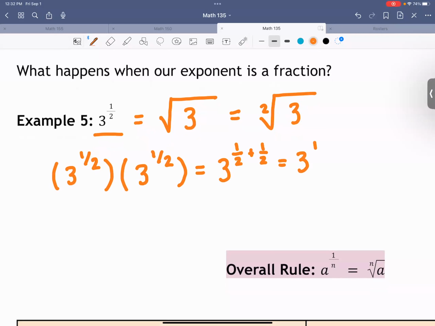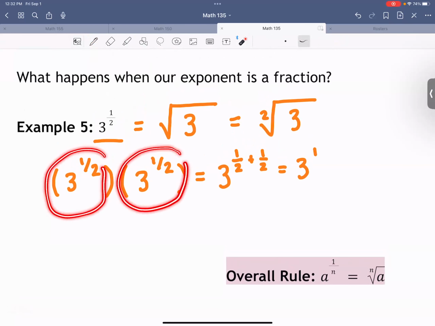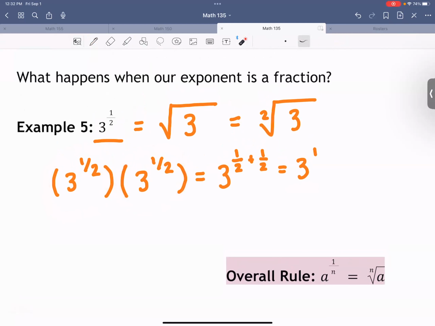So basically, the square root of a number, 3 for example, is the number that you multiply by itself twice to get the inside of the square root, or 3. That's what a square root is. It's basically like doing an exponent, but going backwards to figure out what is actually being raised to the power.